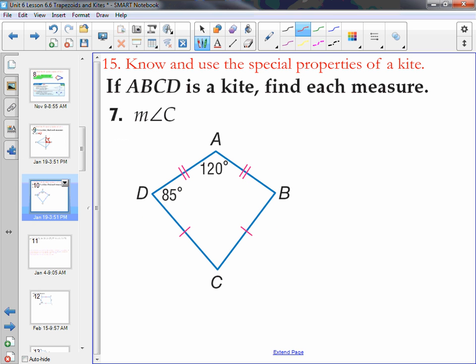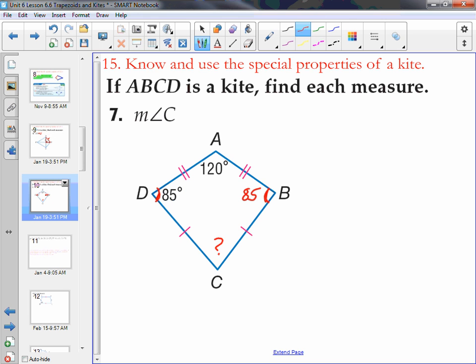Maybe. Could be. Measure of angle C. Is it or is it not 120? It's not. Okay? It's this angle congruent to this one, isn't it? Because those are the ones made by the sides that are not congruent to each other. So how on earth then are we going to find, I'll even call that 85 so we see it, how are we going to find that missing measure?